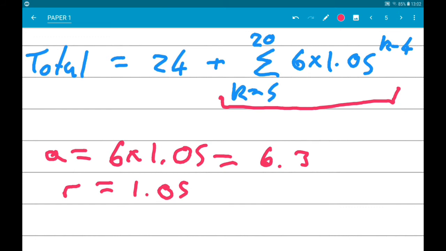Now, how many terms are we going to have in this sequence? We're actually going to have 16, because we want the 5th lap up to and including the 20th lap. So N is 16.